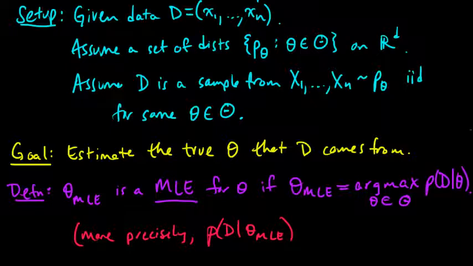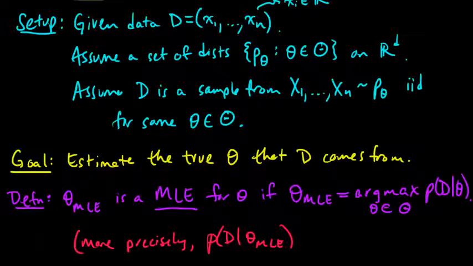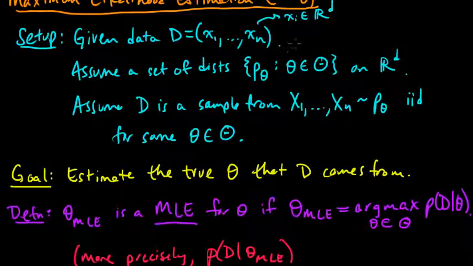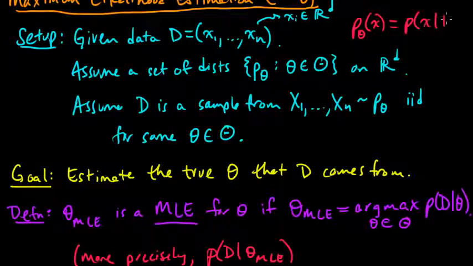So the probability of the data under theta MLE. Oh, and I started using this alternate notation instead of the subscript. If I have p sub theta of x for some x in R^d, I'm just writing that as p of x given theta.